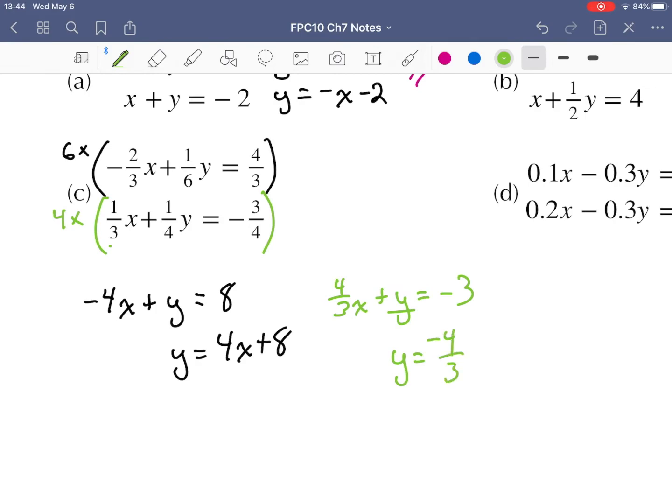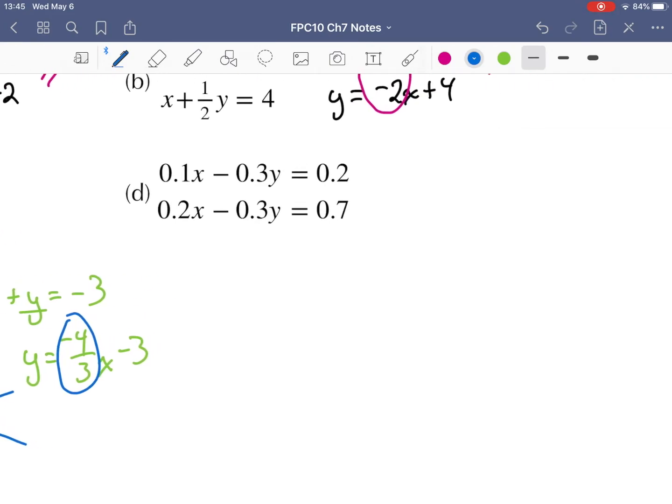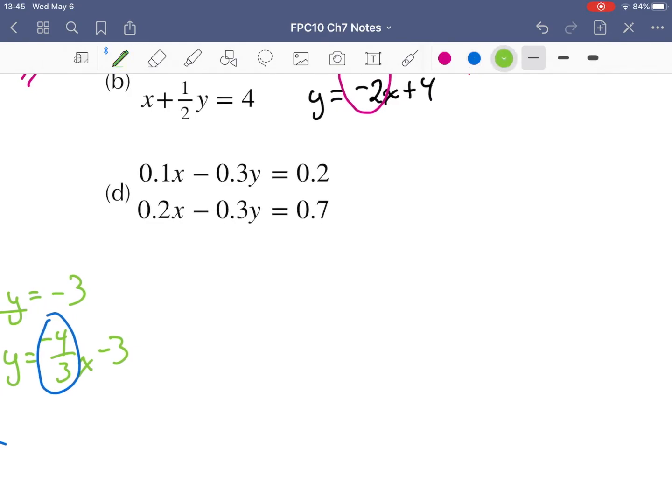Now I did that so I could get y isolated already. The only coefficient on y is 1. So this becomes y is equal to -4/3 x minus 3. These two have different slopes. Therefore, they are intersecting lines. That cross means intersecting.